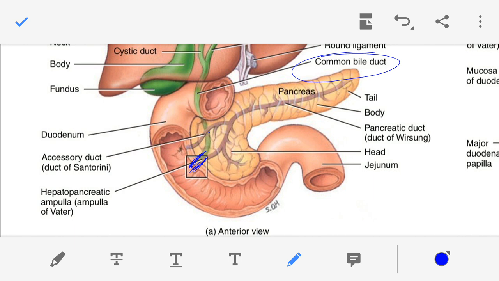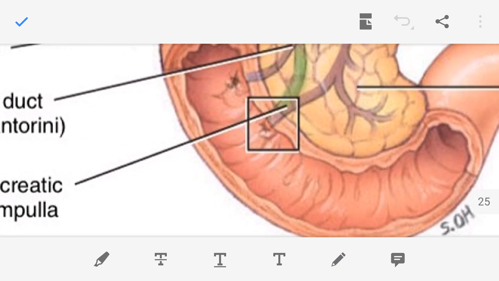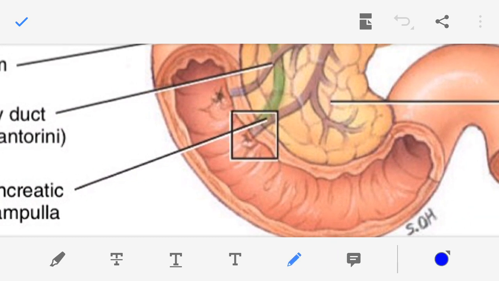So we can say in the ampulla, the common bile duct and the pancreatic duct, the duct of Wirsung, are opening. This ampulla is known as the hepatopancreatic ampulla or the ampulla of Vater. And this ampulla of Vater is opening into the duodenum.